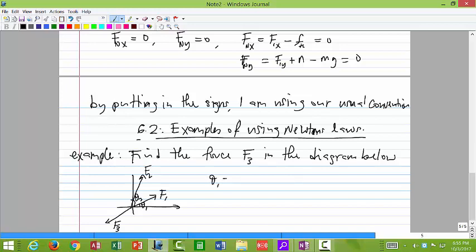So let's do theta 1 equals 30 degrees. Theta 2 is 70 degrees. Okay. And then I'll say F1 is 40 newtons. F2, let's say 50 newtons. Okay. So find F3.